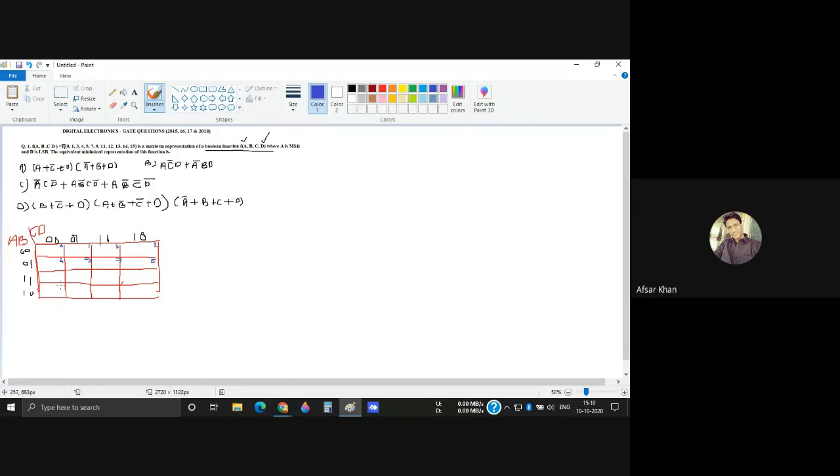Then here 8, 9, 11, 10, 12, 13, 15, 14. Now tell me where we have to put zeros. If we look here, we have 0, 1, 3, 4, 5. So here we can put 0.